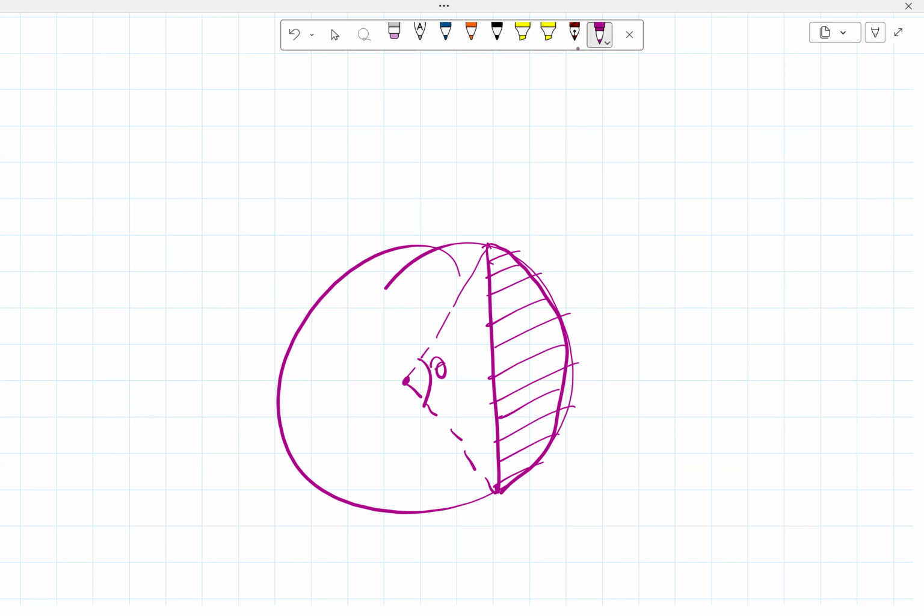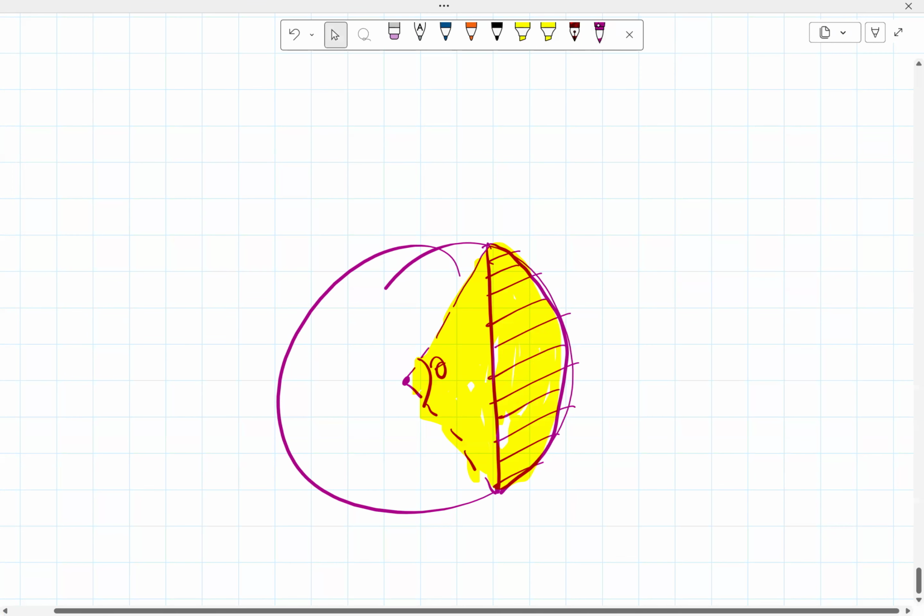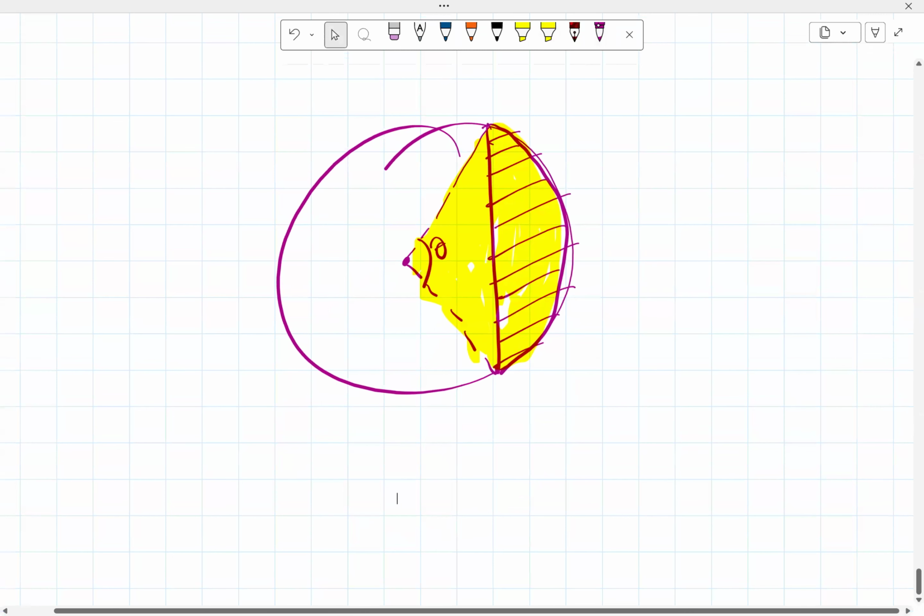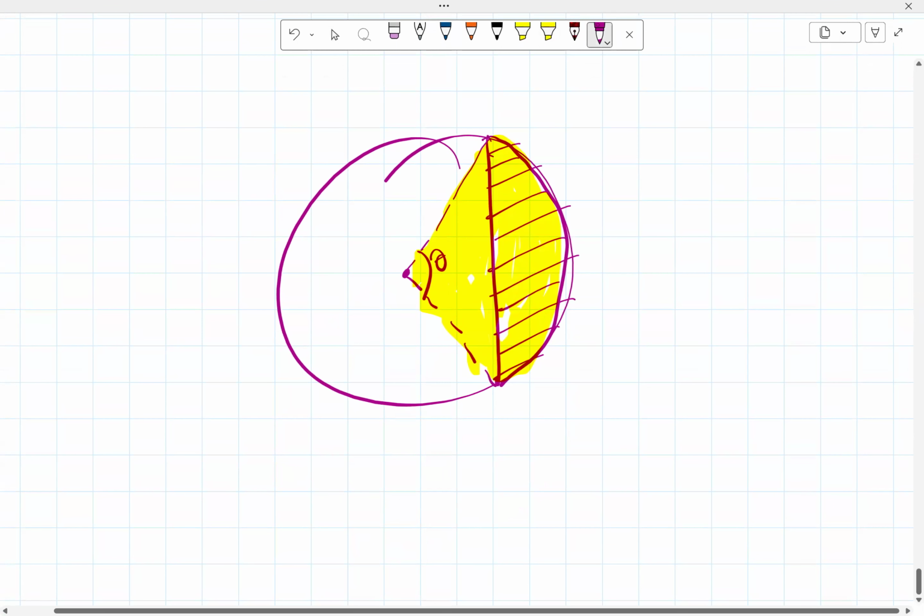This is an angle theta right here. You see that the segment and the triangle added together cut out a sector. So what we're saying in short is that we have a sector cut out by that theta.